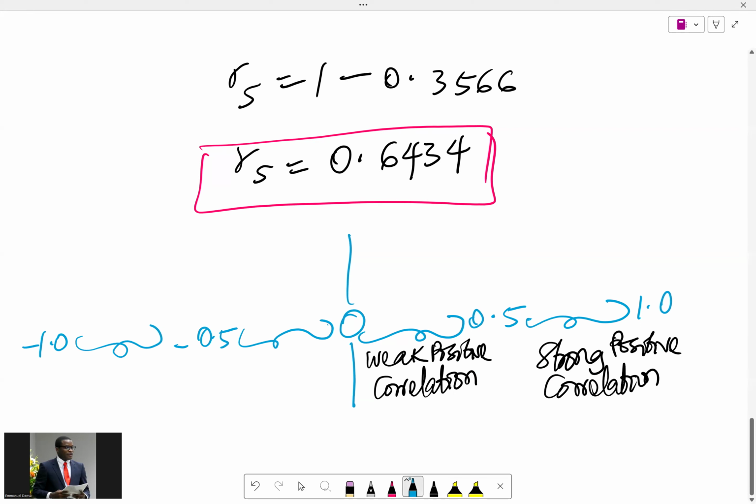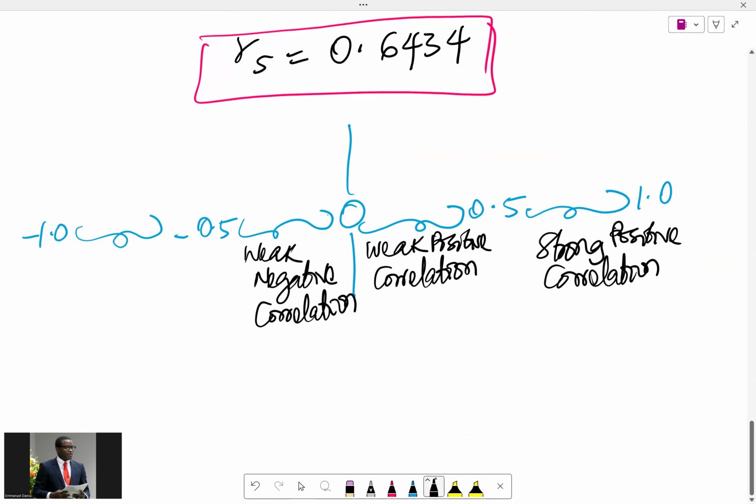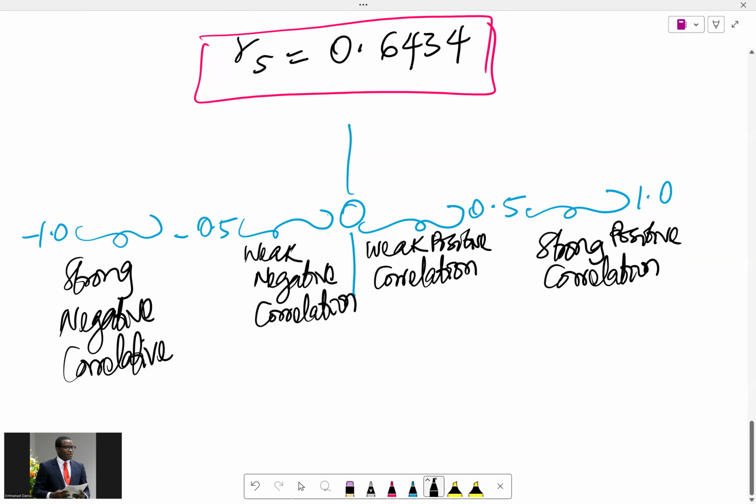So this will be weak negative correlation, and here will be strong negative correlation. Negative correlation means that as one is increasing, the other is reducing. But positive correlation means the two are increasing together.